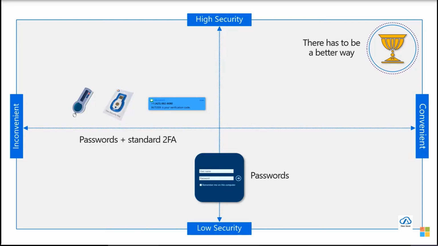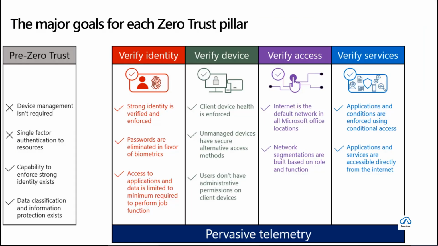Okay, so moving on to the next slide, which is about the zero trust pillars. This is the zero trust pillar model built by Microsoft. As you can see, the second pillar in zero trust is all about verifying the identity. In the verify identity phase, strong identity is verified and enforced.